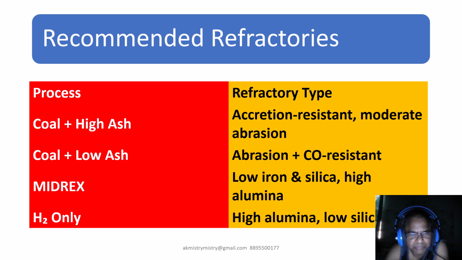Hence, based on all this, if we decide what sort of refractory our hydrogen shaft is to be fabricated with, the answer is that it should have a high alumina and low silica refractory, as recommended and shown in the slide.